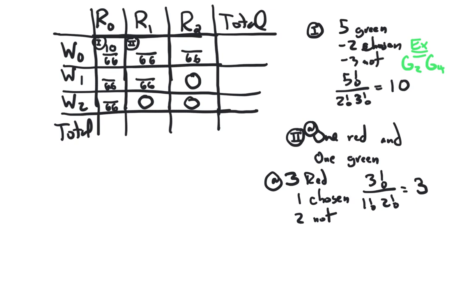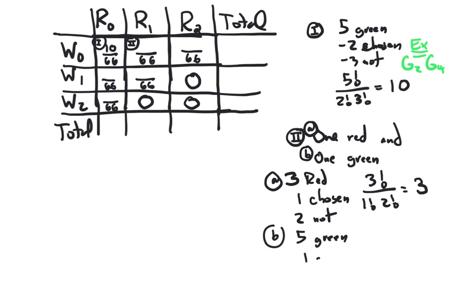And similarly, for B, where we're choosing 1 green, since, remember, we're choosing no whites and 1 red, so the only thing left over for that other thing is a green. So here we're choosing, again, we have 5 greens.